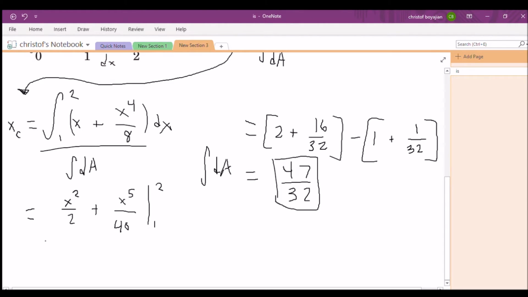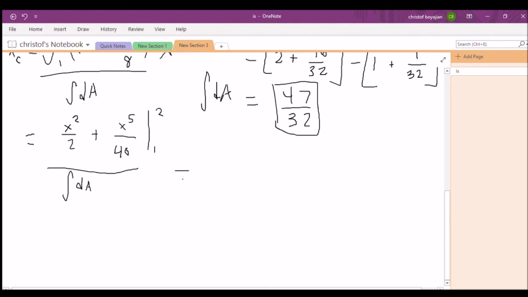And then we have our integral of dA on the bottom. All right, let's evaluate this. So on the top, we should have 2 squared, which is 4, so 4 over 2 plus 2 to the 5th power, which should be 32 over 40.